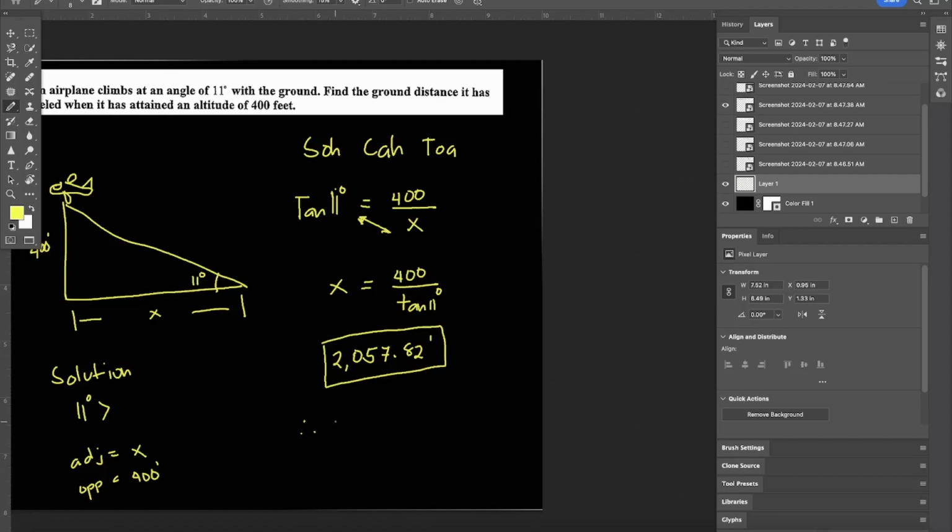Our statement will now be: the plane has traveled a ground distance of 2057.82 feet. And we're done for today.